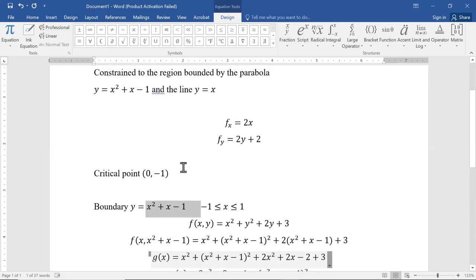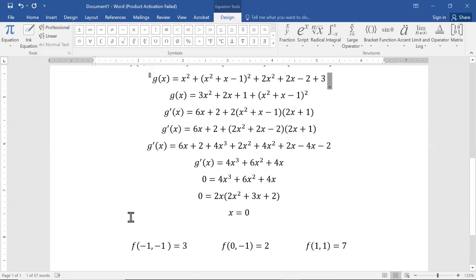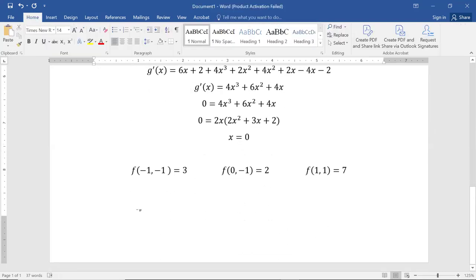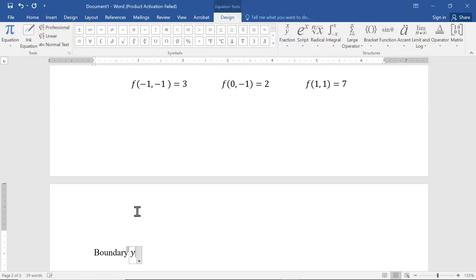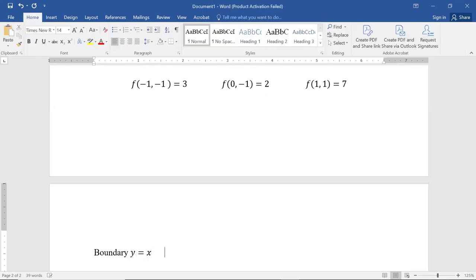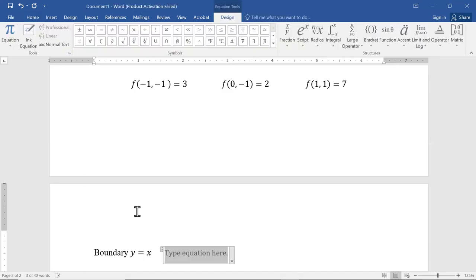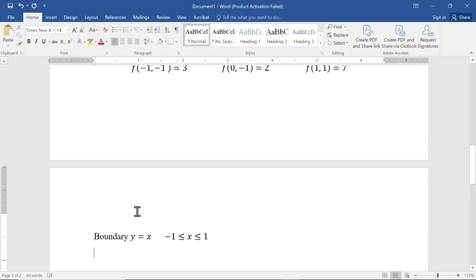The other boundary is going to be the line y equals x, and it is also going to go from an x value of -1 to an x value of +1. So let's take a look at that example. So the boundary line is y equals x, and it goes from an x value of -1 to an x value of +1.